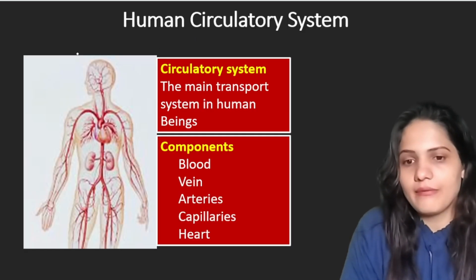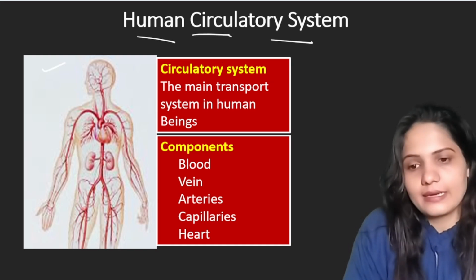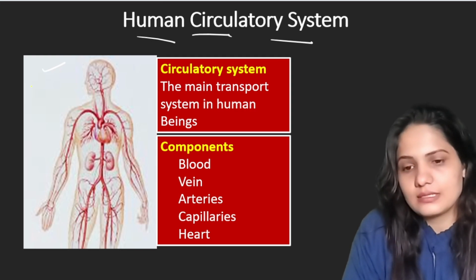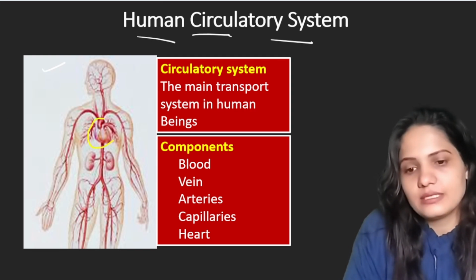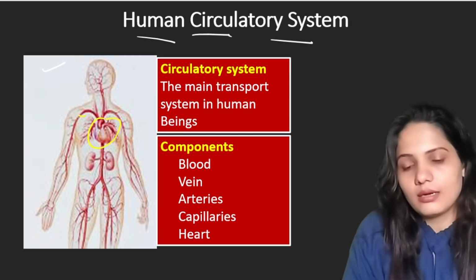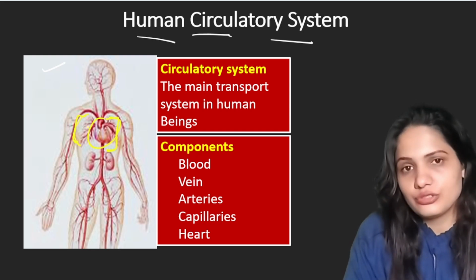Here we have human circulatory system. This picture represents the human circulatory system diagram. If we see this picture, what you can locate is this portion. This is our heart, and our heart is located in the thoracic cavity. This portion which I have marked is the thoracic cavity.